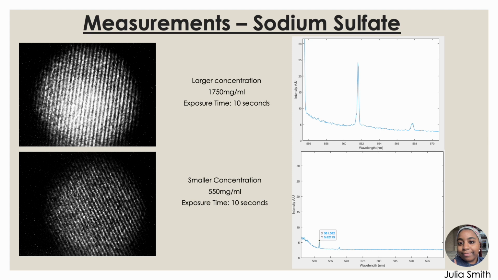Compared to the smaller concentration, the fringes are not as distinct, and also with the spectrum that is associated with it, it has a lower count, and some of the lines that we should see that are distinctive to sodium sulfate are not distinctive because there is not enough Raman signal to detect those.